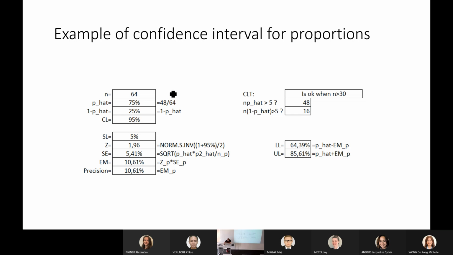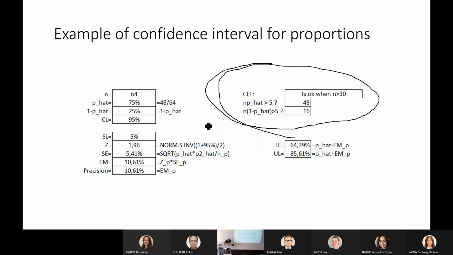If we first focus on my terrible drawing skills, but on the CLT. So what do you see? Before making calculations, we have to check: CLT, is it more than 30? Yes. Okay, we can go ahead.